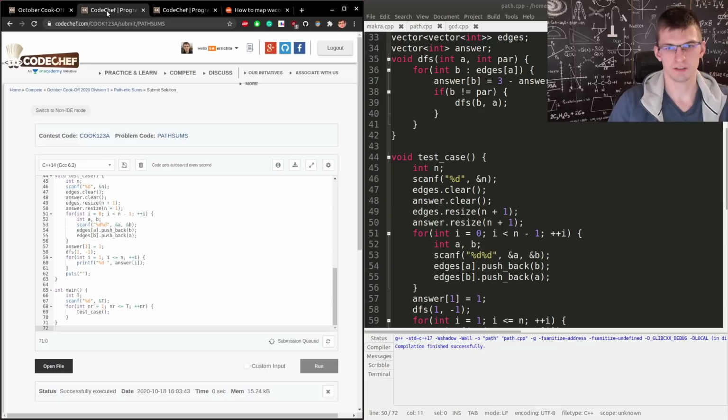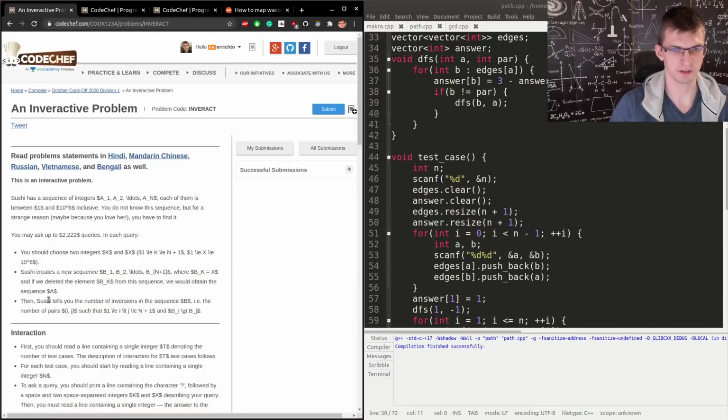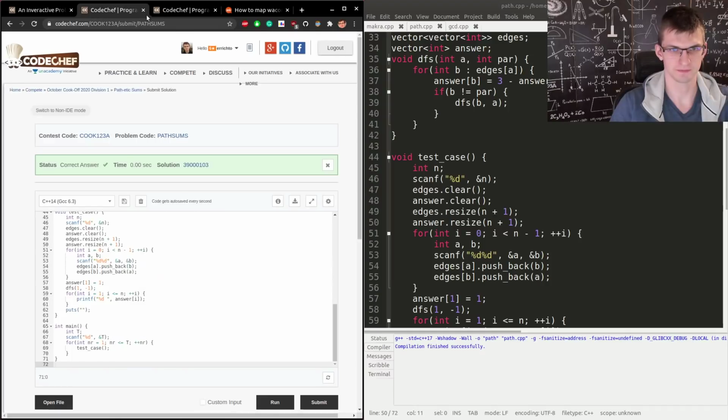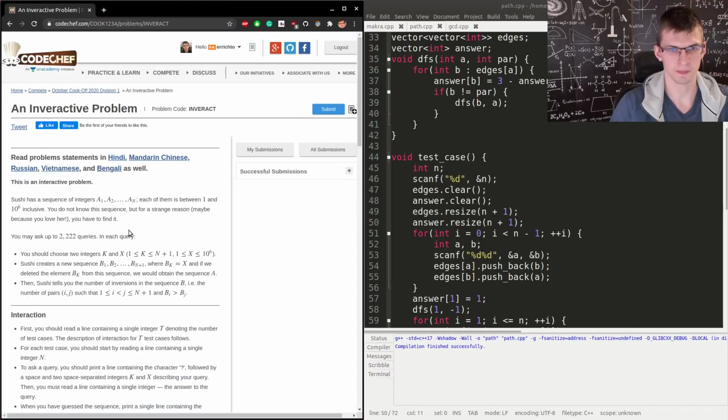Then an interactive problem. I will assume that things are sorted by difficulty. Correct? Up to 2000 queries.